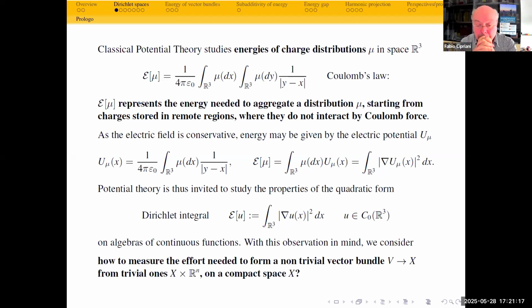Is it possible to measure how much effort we have to spend to build a non-trivial vector bundle starting from trivial ones, so from vector bundles which are the product of the base space by a certain vector space? So we will try to answer this question with a formula.